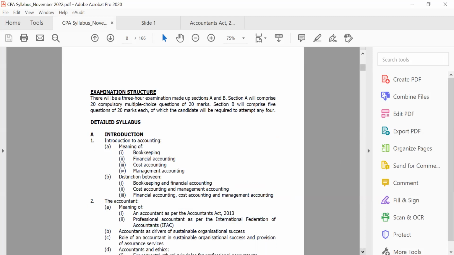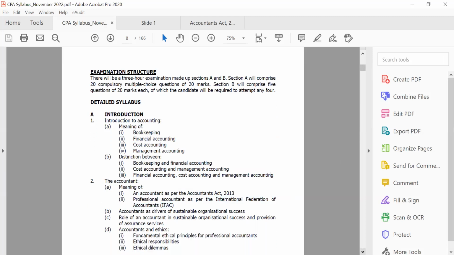So we also need to understand that accountants are drivers of sustainable growth or success of an organization. Okay. And what exactly they try to mean here is that as accountants, what is our role? And how does that role help an organization to succeed?